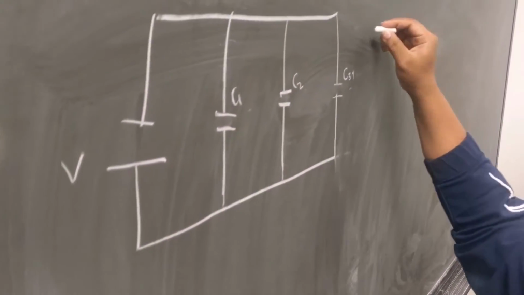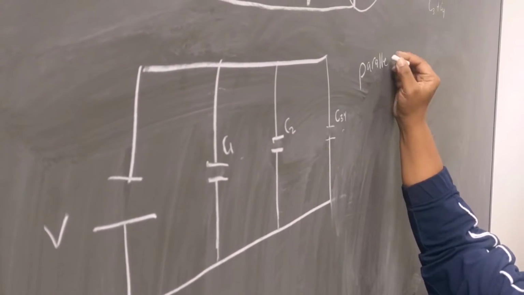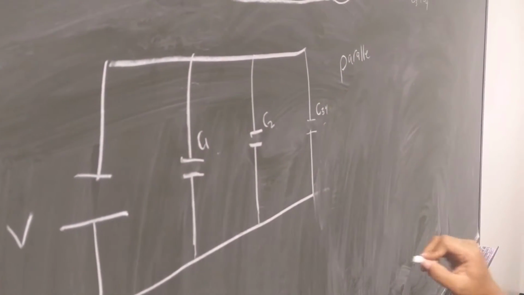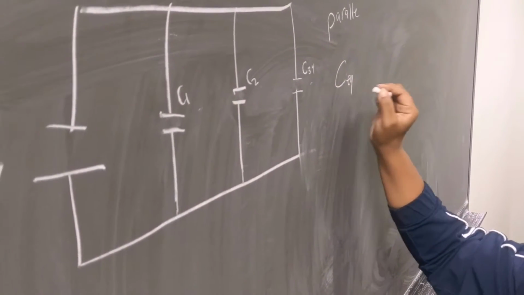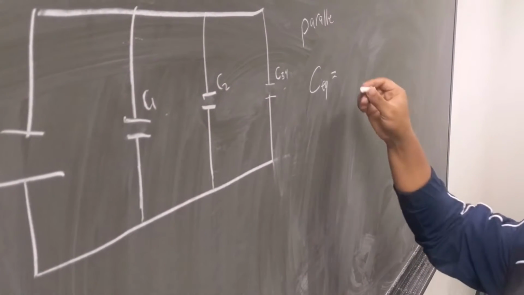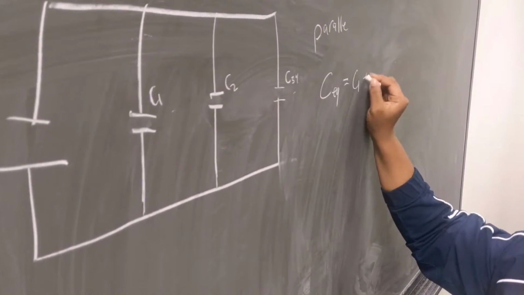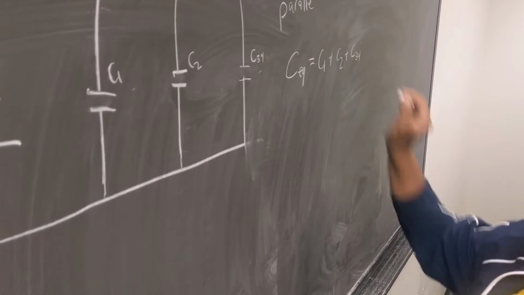Your network is then a parallel network where you would add them, where you get C equivalent as C1 plus C2 plus C3,4.